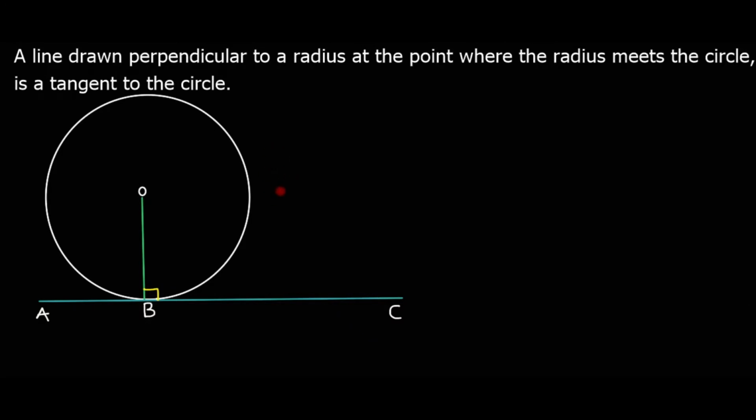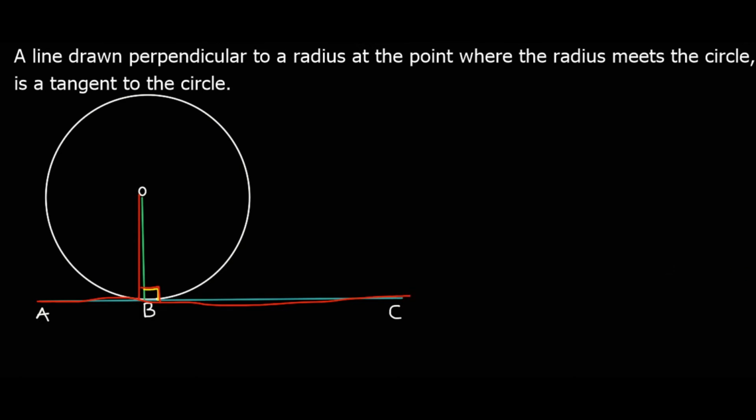And then now let's look at the converse. Converse is like a reverse. In the converse, a radius at 90 degrees to any line: let's say we have this radius and then we add a line at 90 degrees, touching in this way. Even if you are not sure this line is a tangent, this theorem says that as long as that radius is at 90 degrees to any line, then that line is a tangent.